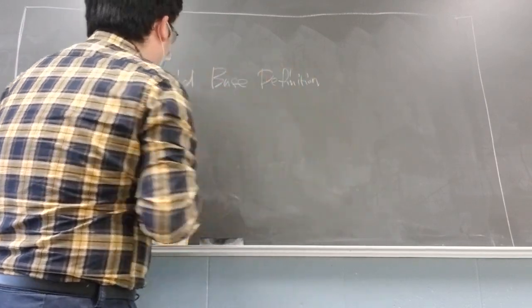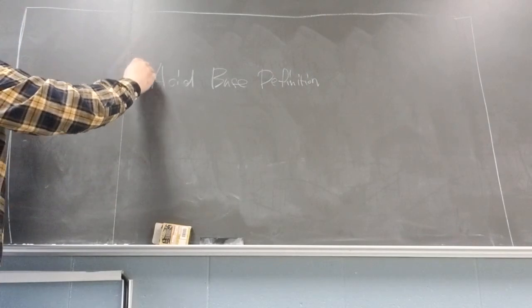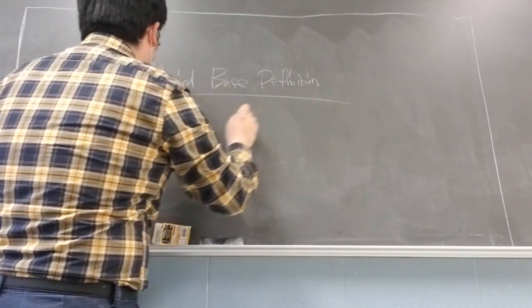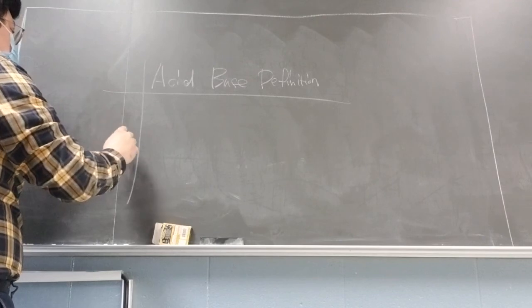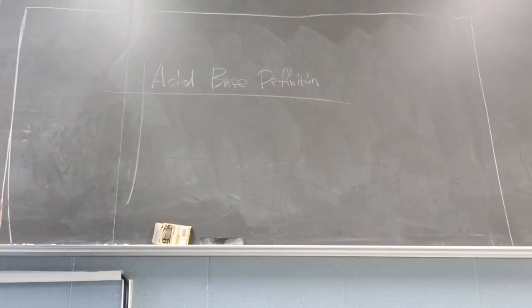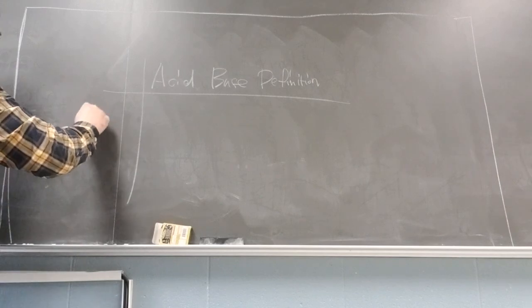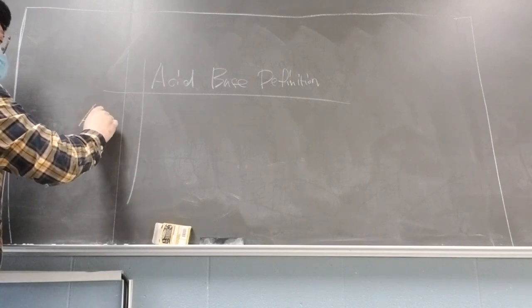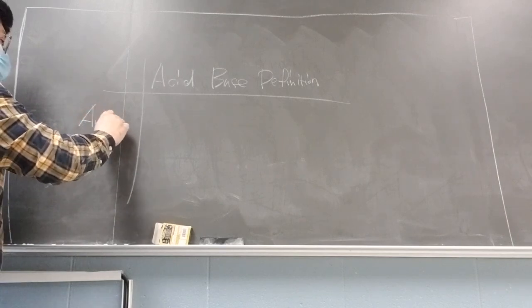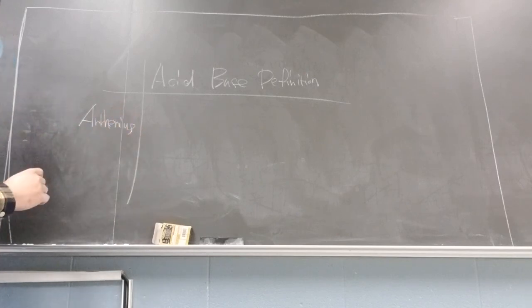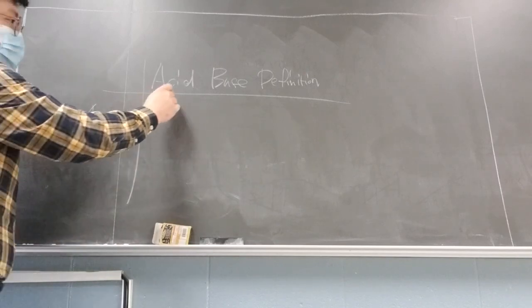Okay. So in here, we're going to use mainly three types of definition of how we define acid or base. Okay. So the first one we use is the Arrhenius definition for acid and base.